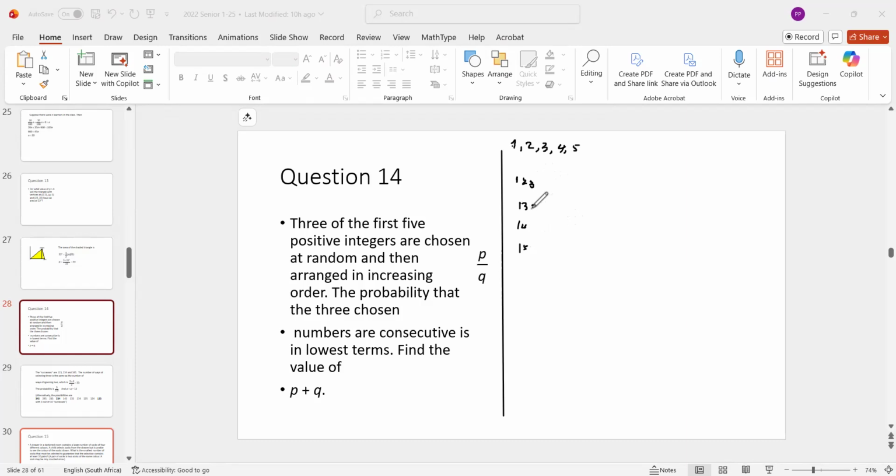Let's put them in increasing order. So 1, 3; 1, 2, 3; 1, 3, 4. Okay, starts with 1, 2. You'll have 1, 2, 3; 1, 2, 4; 1, 2, 5.